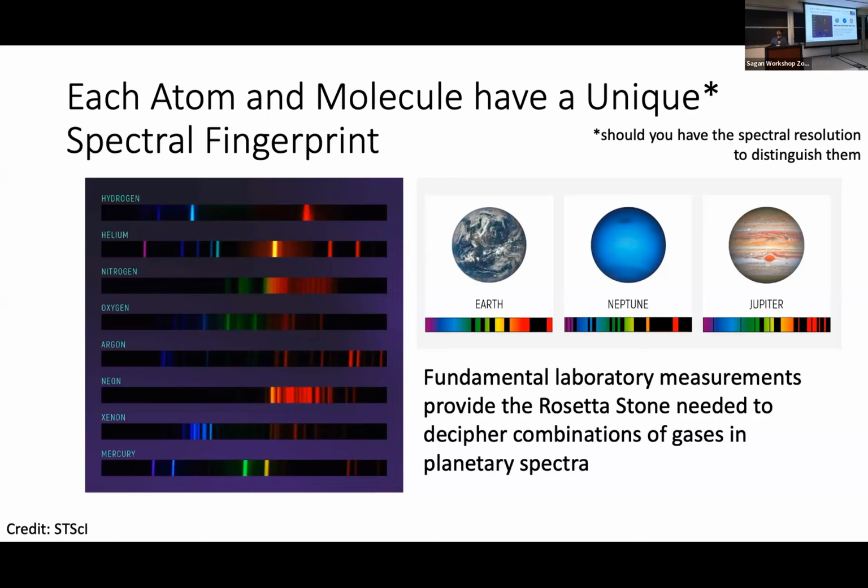For planetary atmospheres, we use this key tenet that the absorption and emission features of molecules and atoms are universal. When we measure them in a lab here on Earth, we can use those to decipher the spectra of exoplanets and understand their atmospheres from light years away. So it's really fundamental that we make these laboratory measurements. They're so key to inputting into our radiative transfer codes and being able to interpret exoplanet atmospheres.